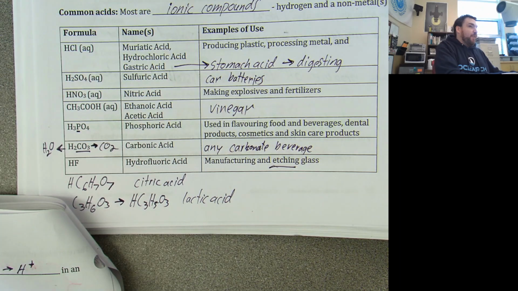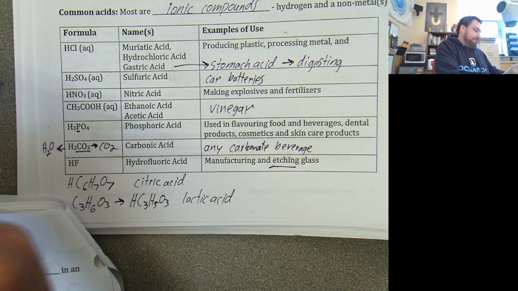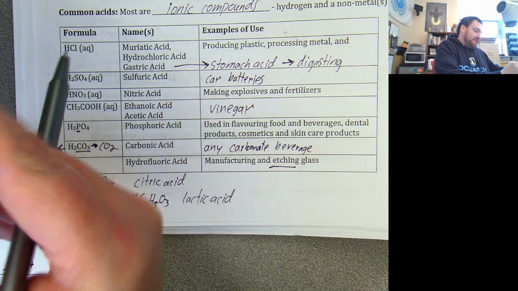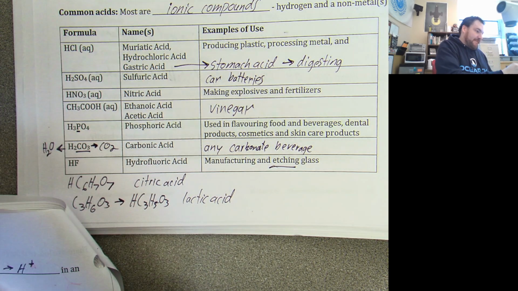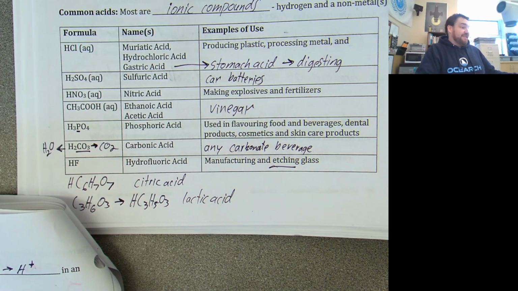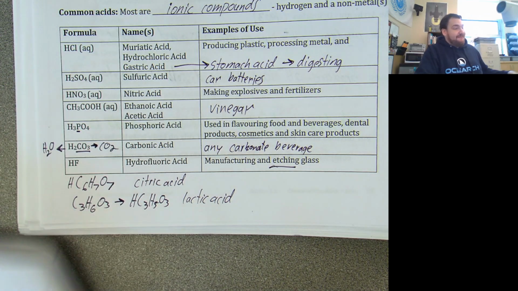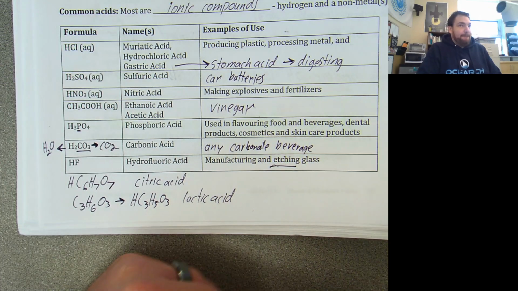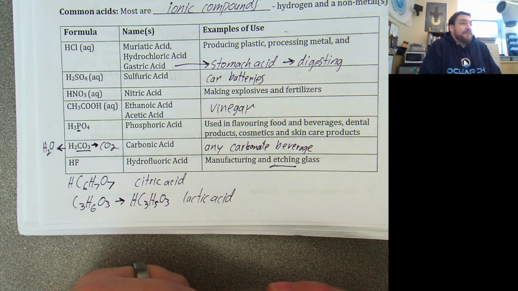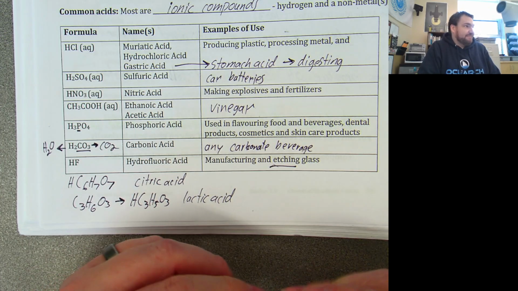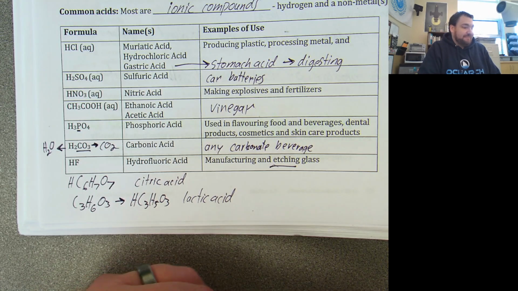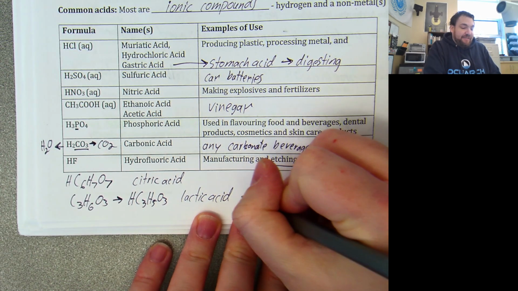Lactic acid builds up where in you? Nope. Oh, lactose intolerant. No. It's not lactose. Lactose is something else. Lactic acid builds up in your muscles when you're working out. It's also a food additive.